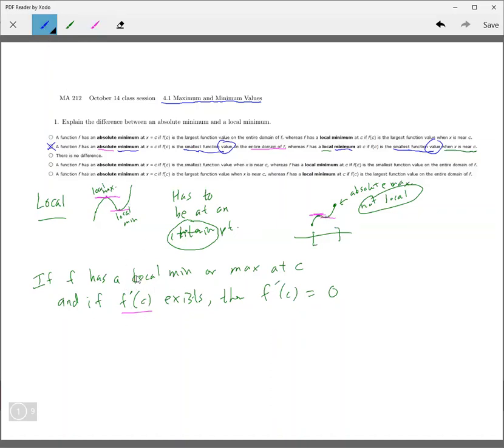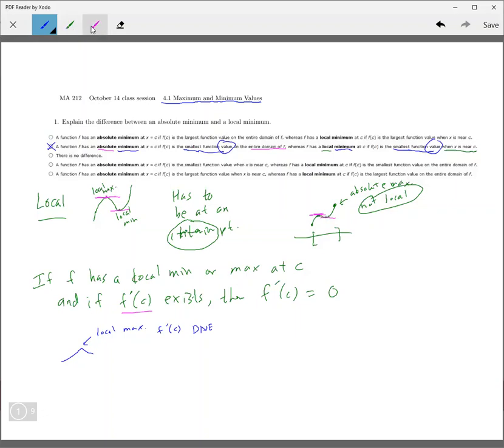Now you could have a situation like this, where it comes up like that and then does that. Here the derivative is not 0. This is a local maximum. f prime of c does not exist. It's not 0, it just doesn't exist. So if the derivative exists, then it has to be 0.